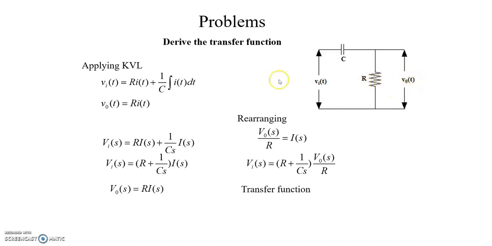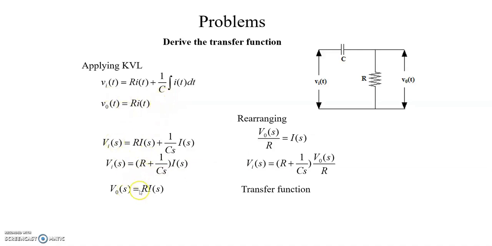Now we take the Laplace transform for equation 1. We get Vi of s is equal to R I of s plus 1 by Cs into I of s. Take the common factor I of s and rewrite this equation: Vi of s is equal to R plus 1 by Cs into I of s. Next, take the Laplace transform of the output equation.